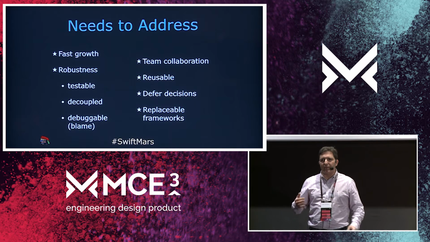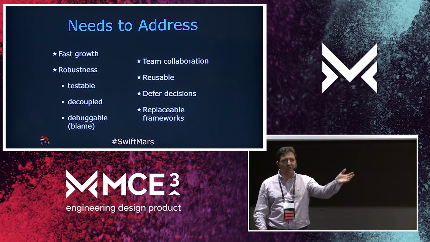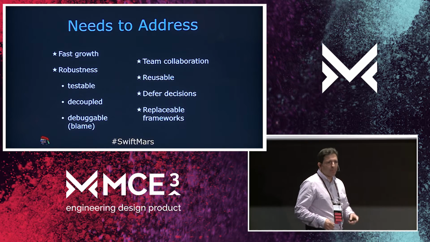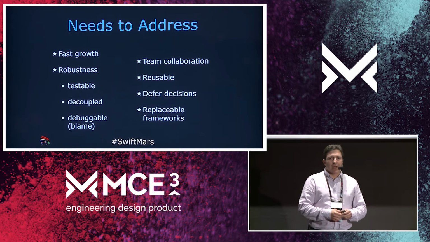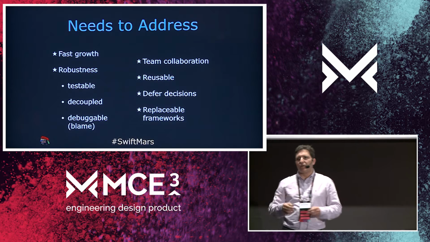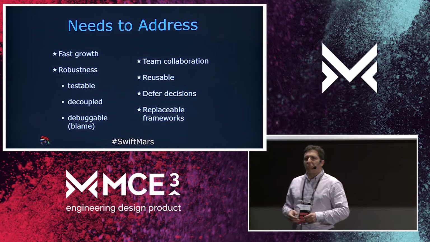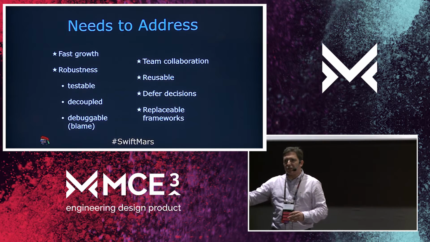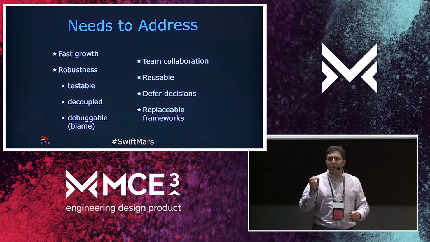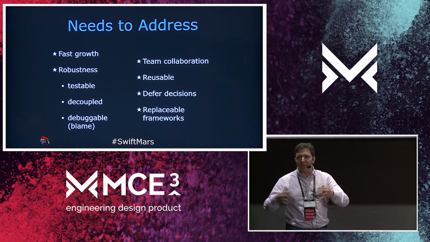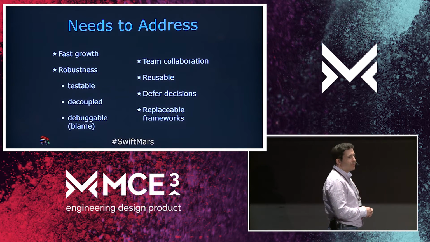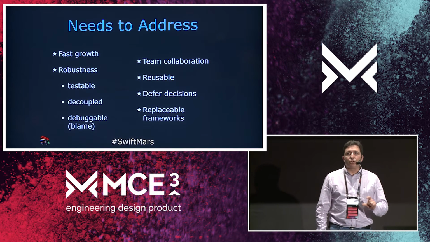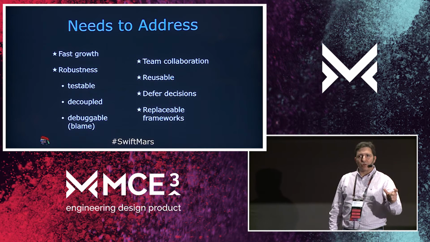And, well, I may have a request to use some other persistence framework, or I might have some reason to use another networking framework, or I don't know why. But you better defer those decisions as much as possible. So when you take the decision, you have as much information as possible to take the proper decision for that framework. Finally, I want to be independent of the frameworks.